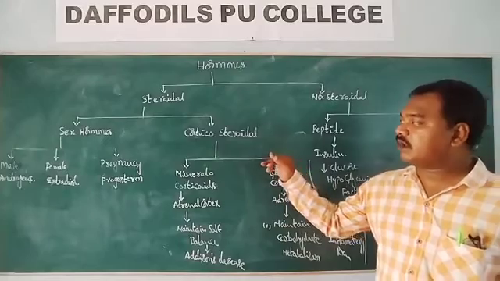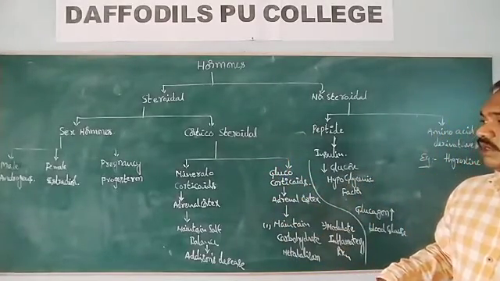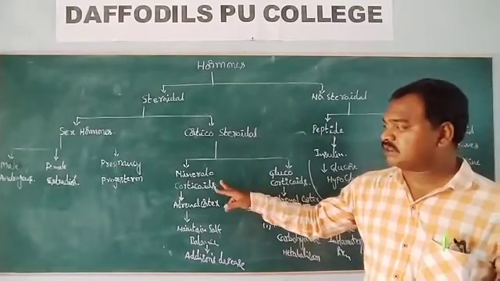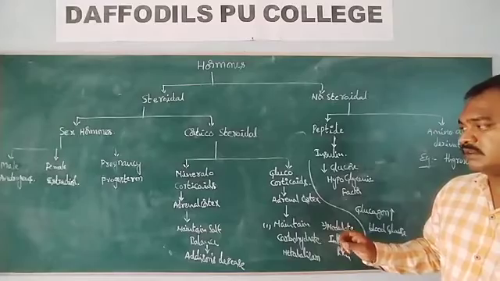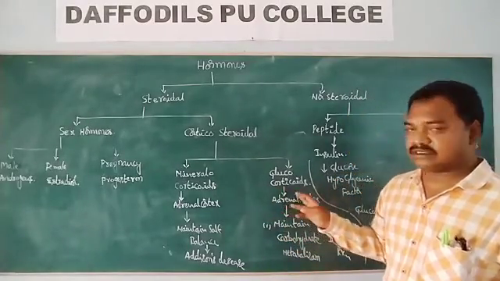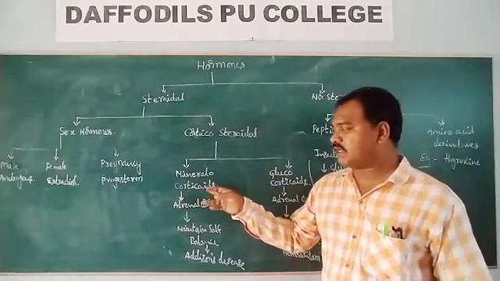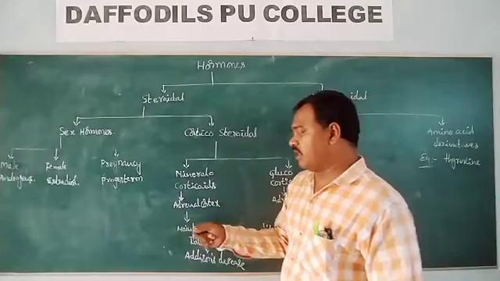Now come to the corticosteroidal hormones. These are of two types: mineralocorticoids and glucocorticoids, both secreted by the adrenal cortex.